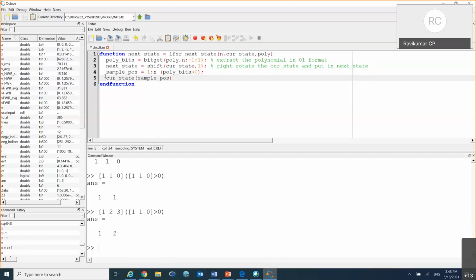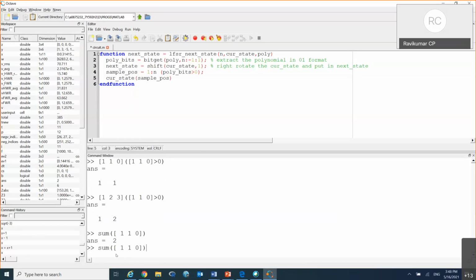Okay. How to take the XOR of them? See, how do I take the XOR of, let us say, 1, 1, 0? Okay. One simple way is you add everything. See, XOR is supposed to be sum, right? So that will give you sum. But I want the sum to be, you know, modulo 2. That means I can divide it by 2 and take the remainder. Okay.